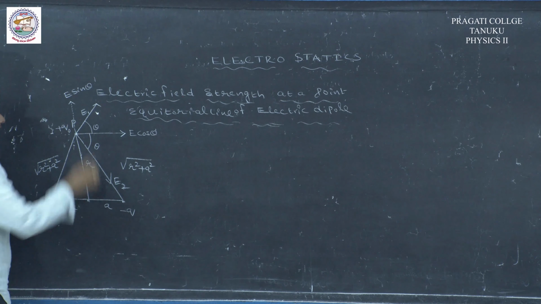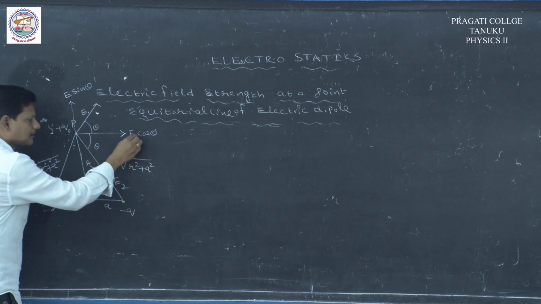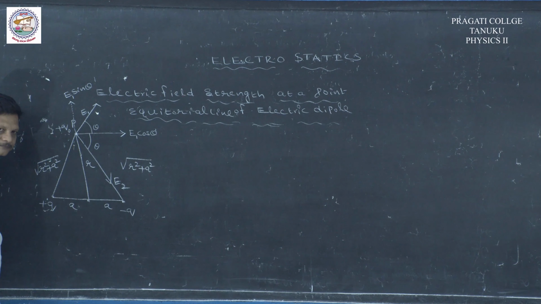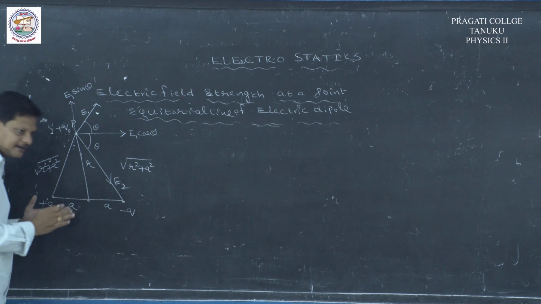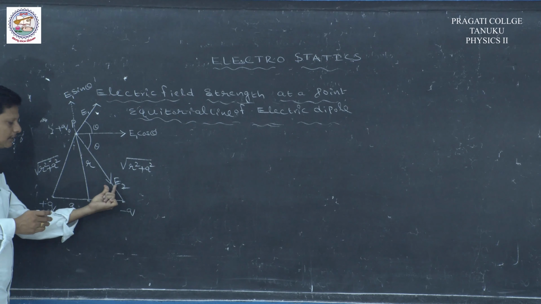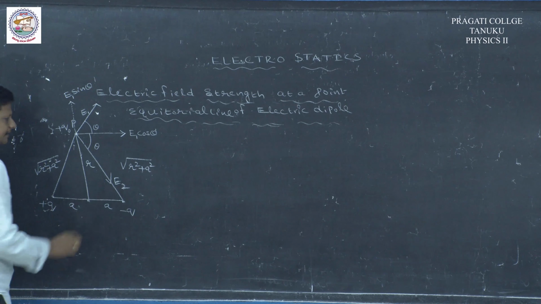If E1 is the electric field due to plus q, it can be resolved into two components. One is E1 cos theta, another one is E1 sin theta. In the same way, if E2 is the electric field due to minus q, it is also resolved into two components.